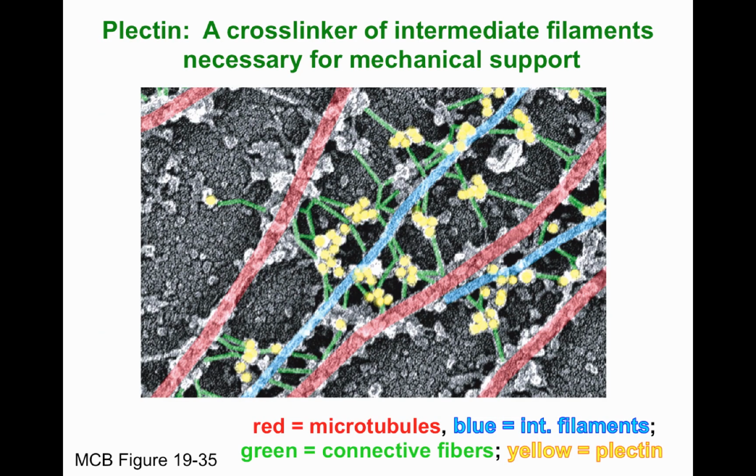Now, intermediate filaments can be cross-linked together to microtubules by a protein called plectin. So plectin is a molecule shown here in yellow, and the green and blue fibers are the intermediate filaments.